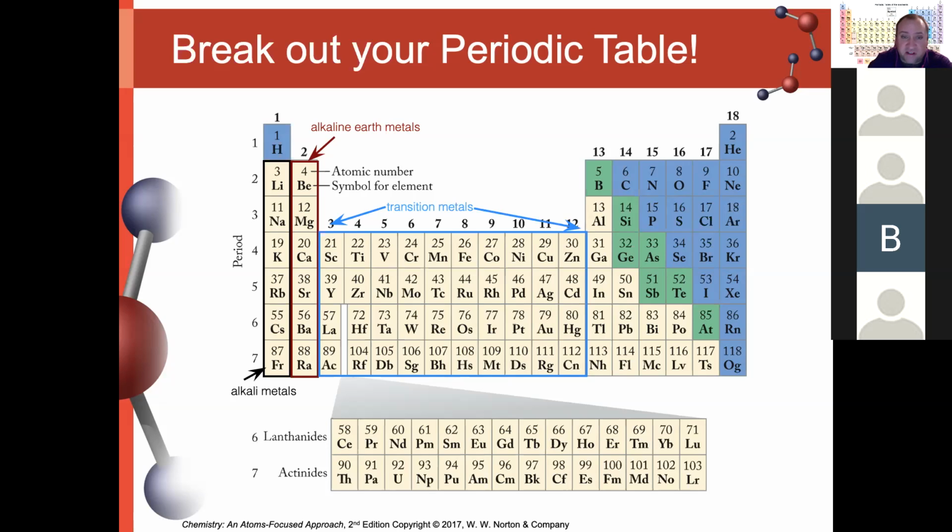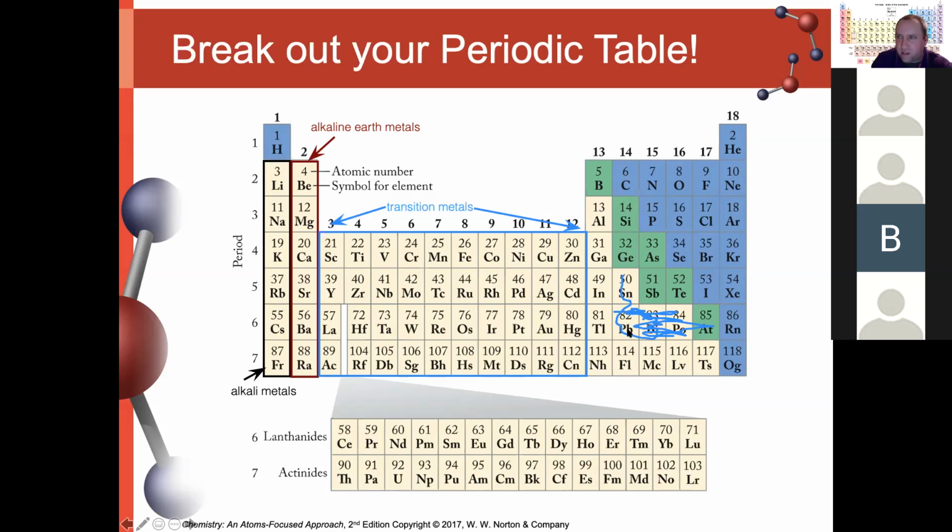And actually, we'll see that in some ways, elements like tin, lead, bismuth, polonium tend to act more like transition metals than traditional metals.